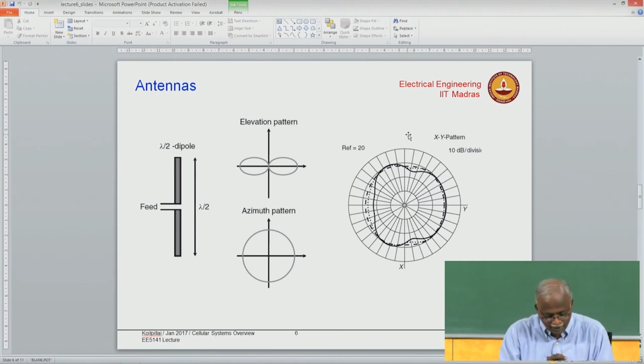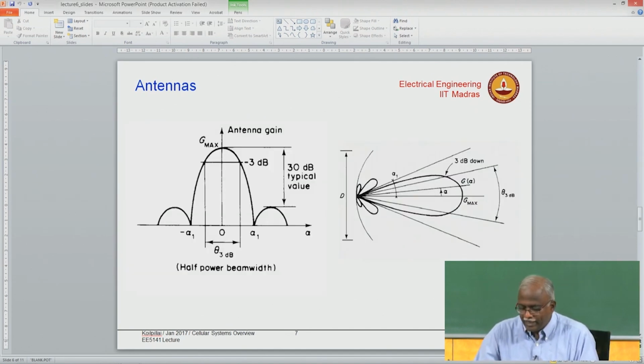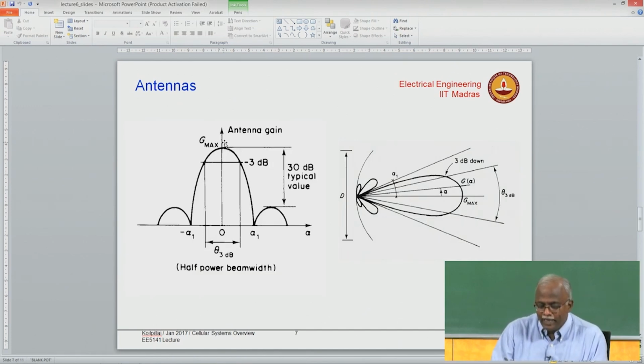So when we start talking about a directional antenna like a base station antenna, this is not an omnidirectional antenna, it has a very specific radiation pattern.